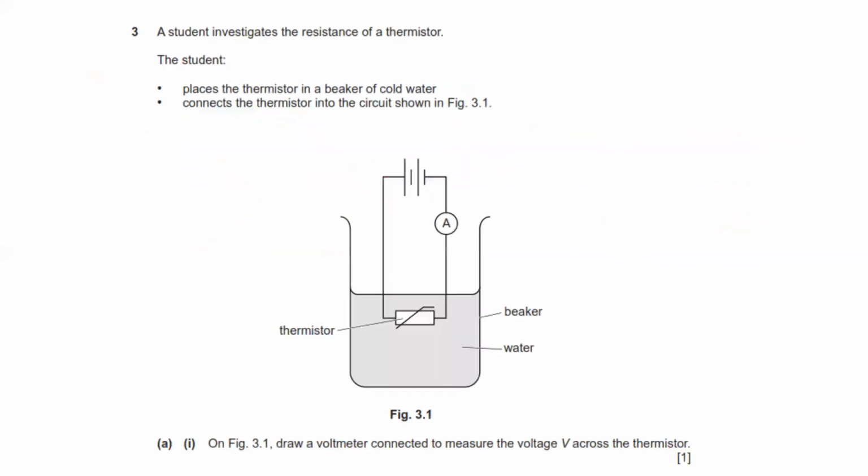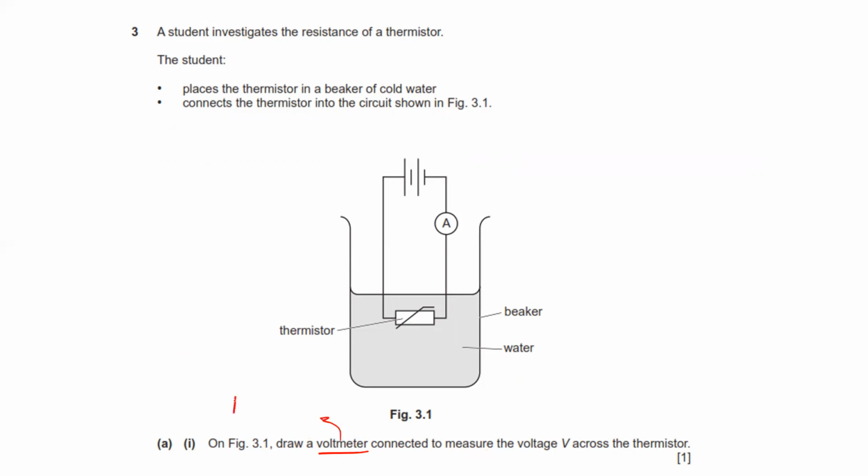Okay, then next question. So question number 3 says the student investigates the resistance of a thermistor. The student places the thermistor in a beaker of cold water and connects the thermistor as shown in figure 3.1. Part A, part number 1. On figure 3.1, draw a voltmeter connected to measure the voltage across the thermistor. So remember, this is our thermistor and voltmeter.